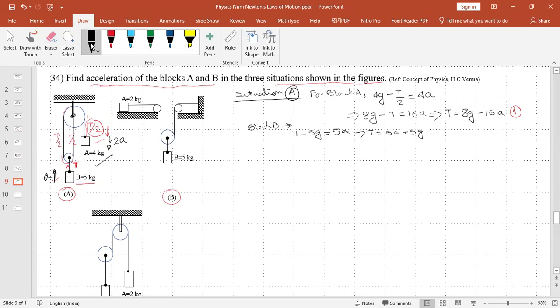Now if we solve equations 1 and 2 and eliminate T, what you will find is that A is equal to G by 7.